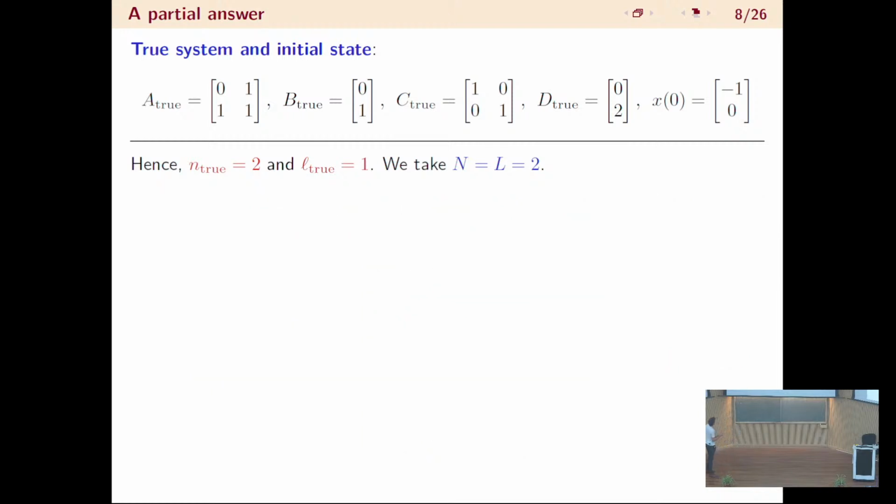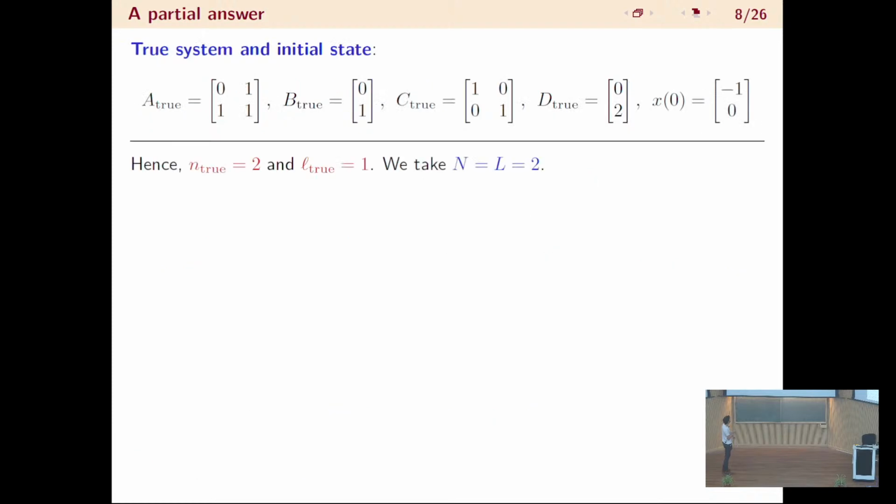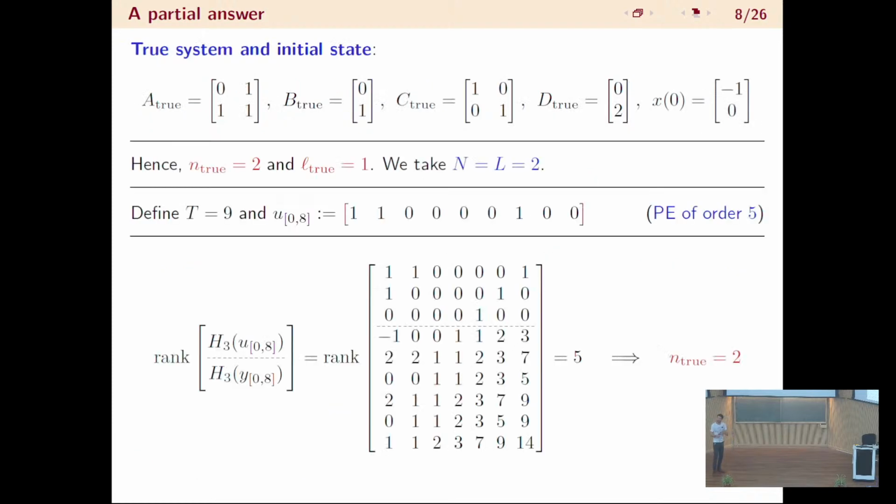Right, because if you go back one slide, by the fundamental lemma, that input-output Hankel matrix must have rank (L+1)·m. So this is 3 in our example, plus the true state space dimension, meaning that n_true must indeed be equal to 2.